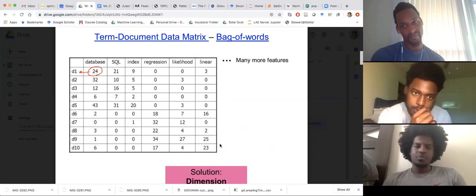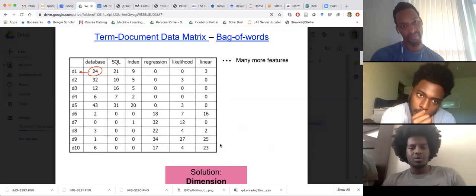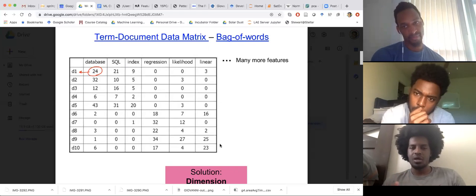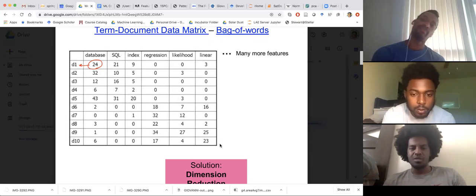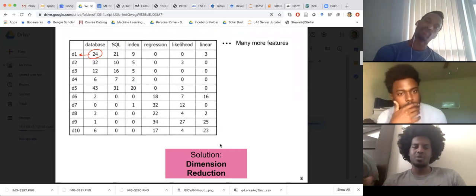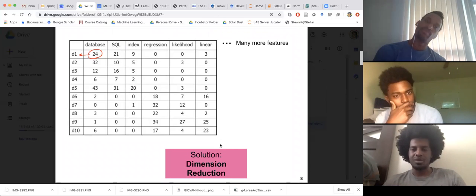You have a database, you have SQL, you have index, regression, likelihood, linear, and you have all these instances of those things, and you don't know how any of these instances relate to other instances or how any of these features relate to each other. How do you know how database relates to regression or something like that?